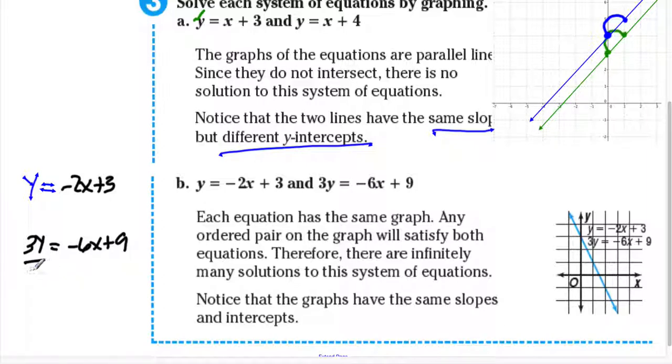So if I divide this by 3, and if I divide this by 3, I end up with the same equation, y equals negative 2x plus 3. Same equation, same line, and that's the reason why you only have one line. And since they are coincident, that means they lie on top of each other. They have infinitely many solutions.